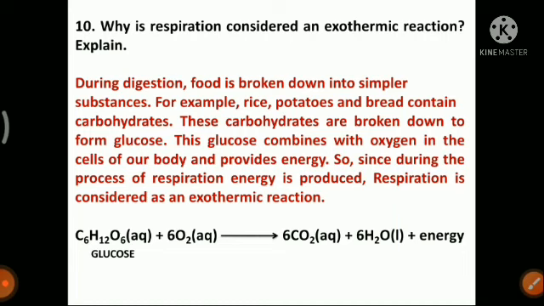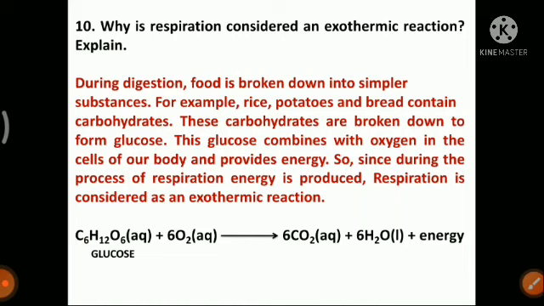So during digestion, what happens? Whatever food we eat, that is broken down into simple products like glucose. Mostly the food that we eat contains carbohydrates, and these carbohydrates are broken down into glucose.